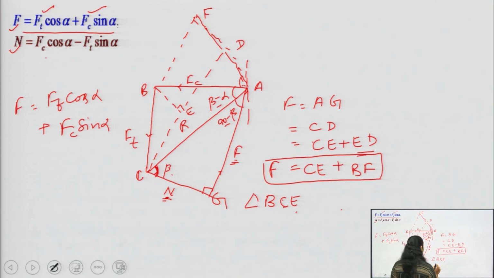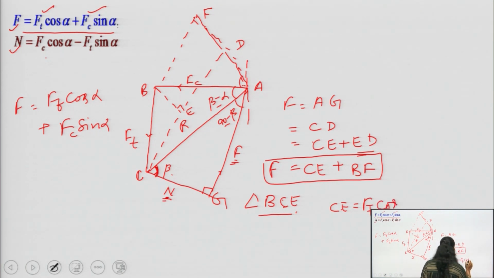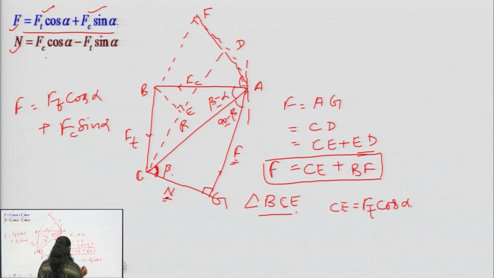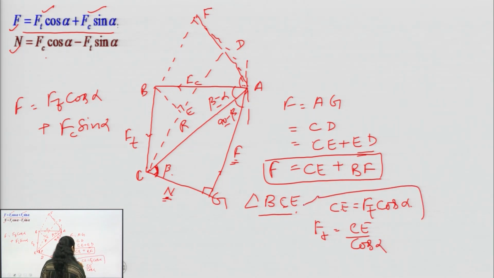In triangle BCE, basically Ce is equal to Ft cos alpha, and Ft will become Ce by cos alpha. Okay.